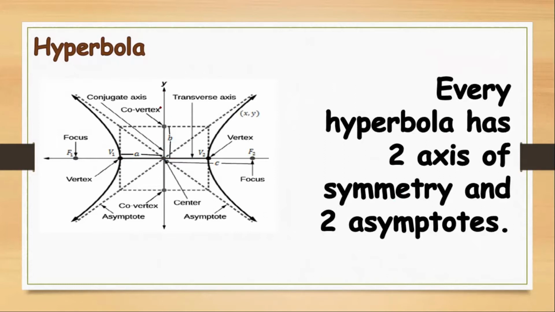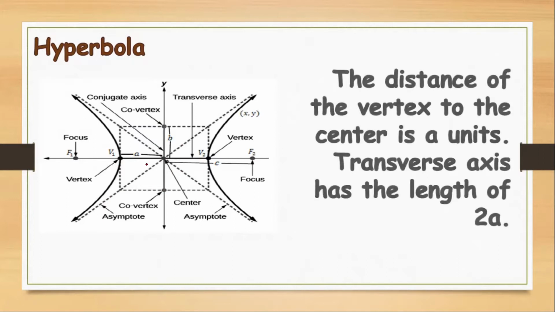So the line dividing the hyperbola into congruent parts is our axis of symmetry. So that is your y-axis and also the x-axis. And also they have two asymptotes. So this is our asymptote, the diagonal of the rectangle that we can find here.